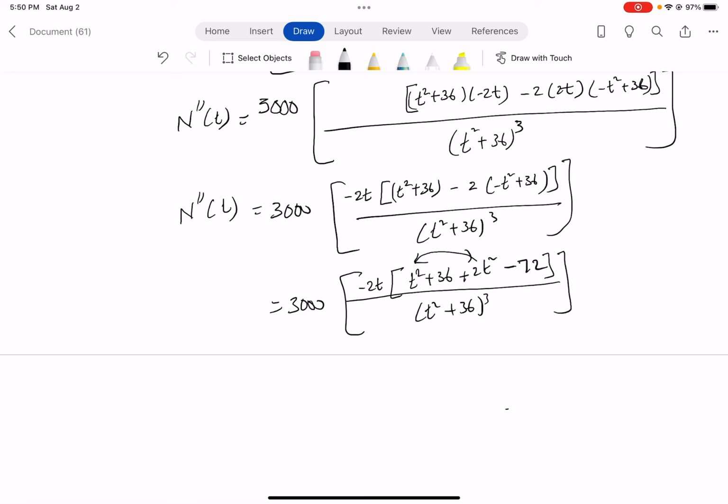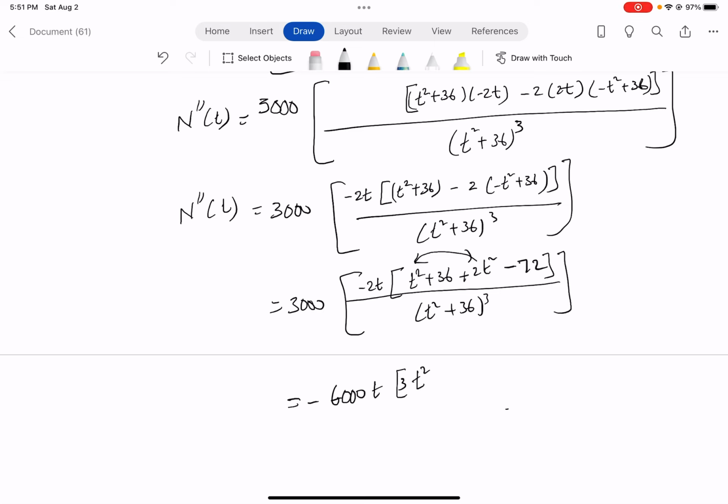Well, you could leave it like that. 36. So this is going to be minus 2t times 3000, 6000 t squared.